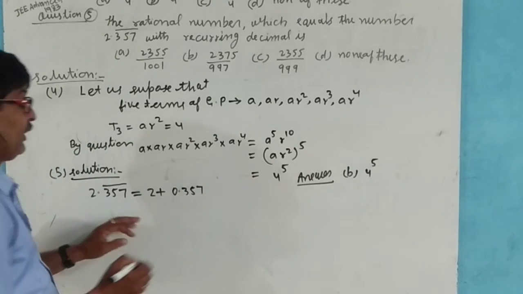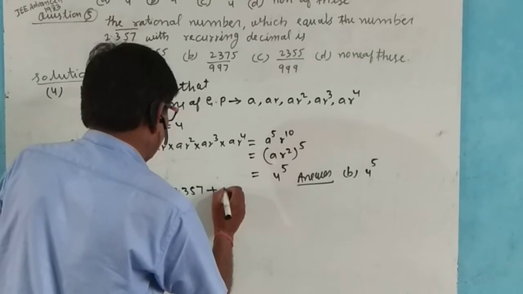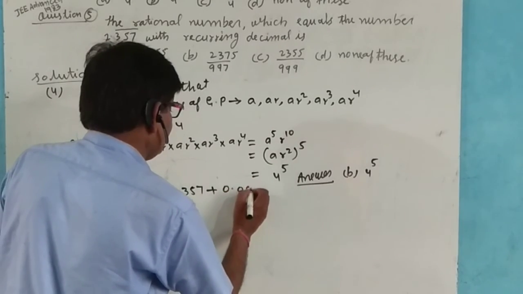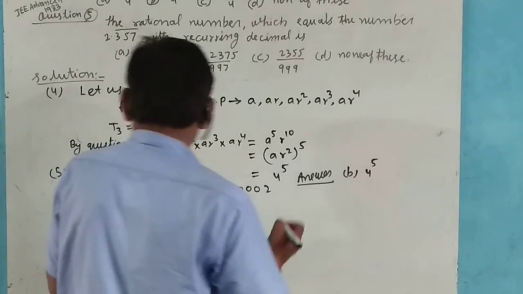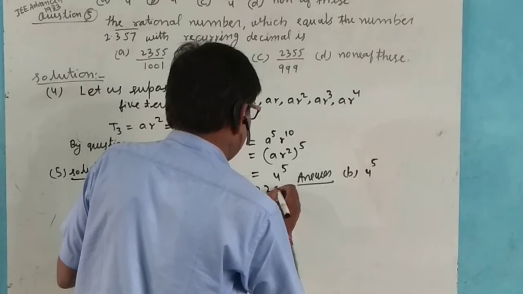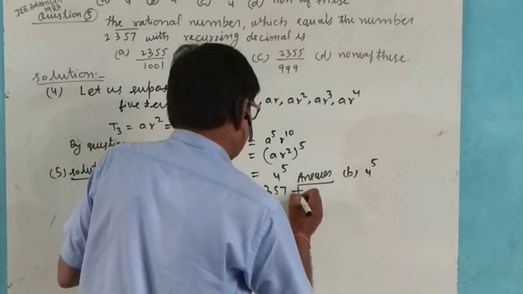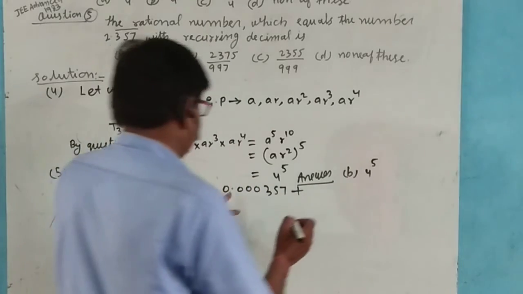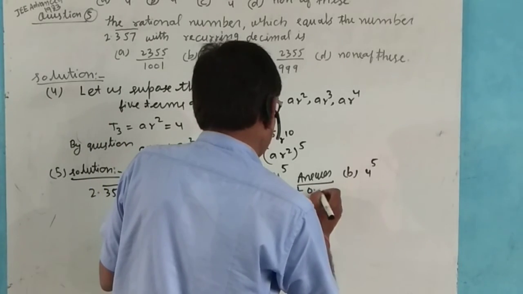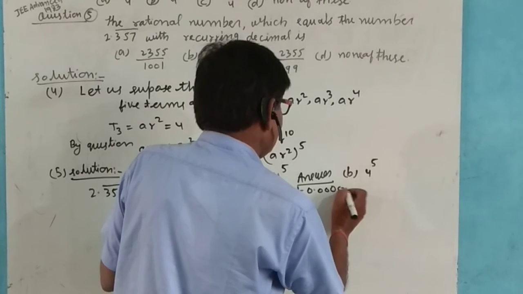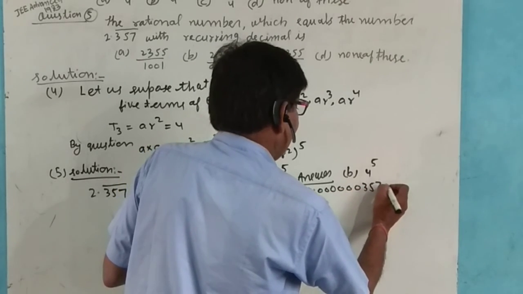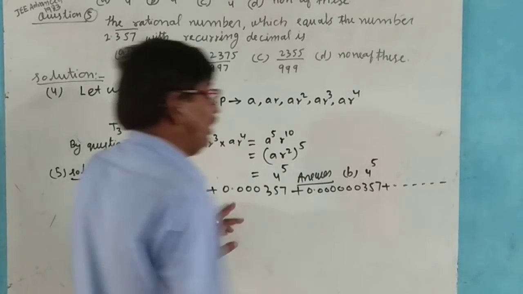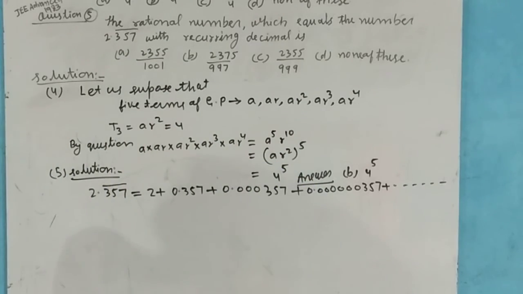This can be repeated form so that 0.000357. This can be also written as 0.00000357 and so on at the infinite terms.